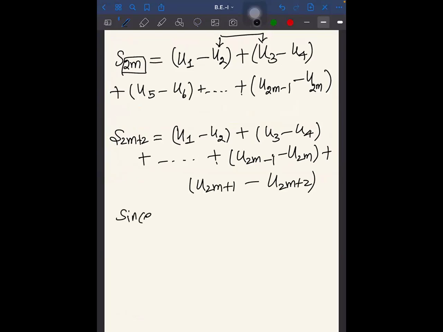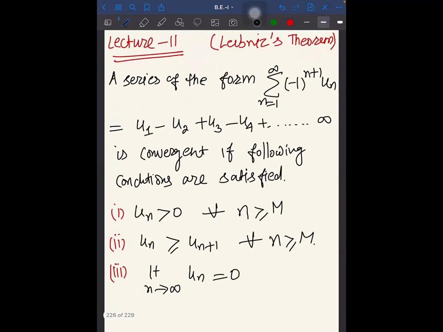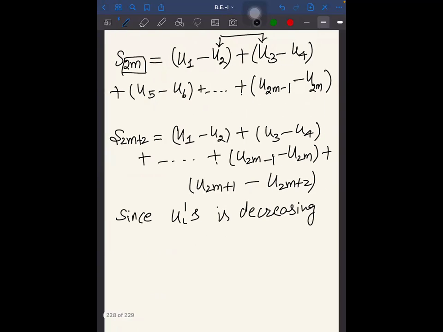Since Ui is decreasing. Why is it decreasing? Because it is given to us that Ui is decreasing, by the second condition.